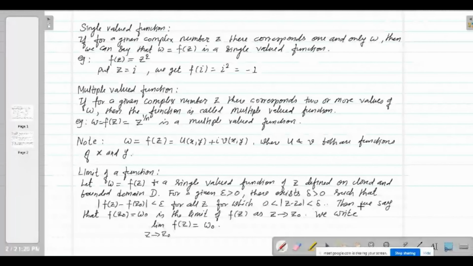Then we can say that omega naught is the limit of that function as z tending to z naught, and this can be written as limit z tending to z naught f of z equal to omega naught. So this is the definition of limit of a function.